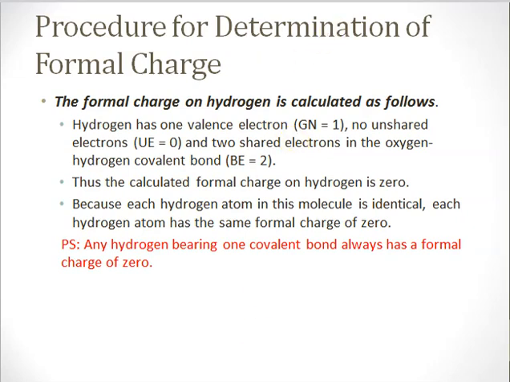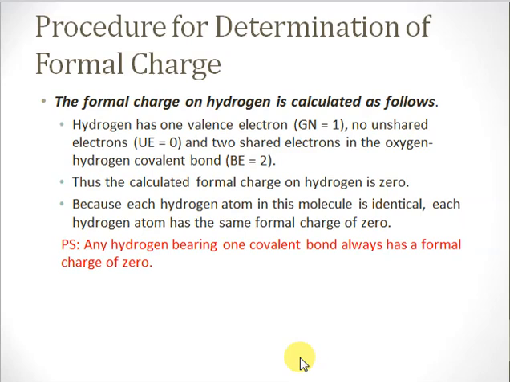So the formal charge for hydrogen will be equal to 1, that's the group number, minus 0, since the number of lone pair electrons is 0, minus half of the 2 shared electrons, which becomes 1.